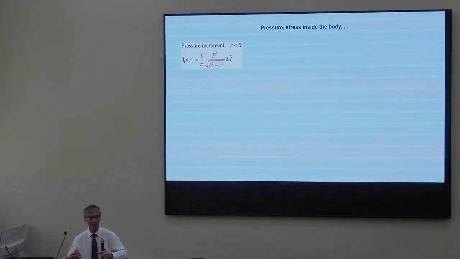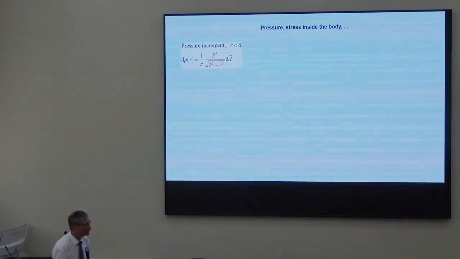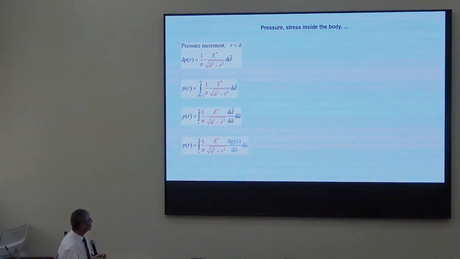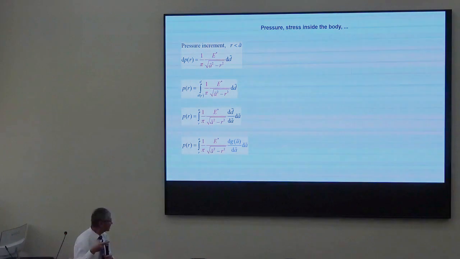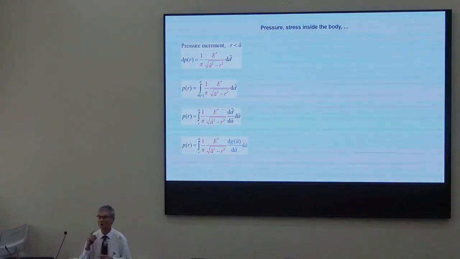So we sum up these pressures of flat-ended punches in the form of an integral, going from the integration over the indentation depth to the integration over the contact radius. Remember that d is g, and so we have this final equation. And this is the equation for the pressure distribution, which I already showed without derivation. And this is the derivation.